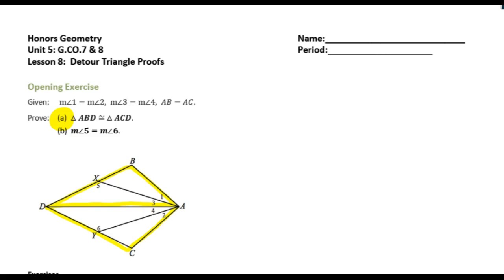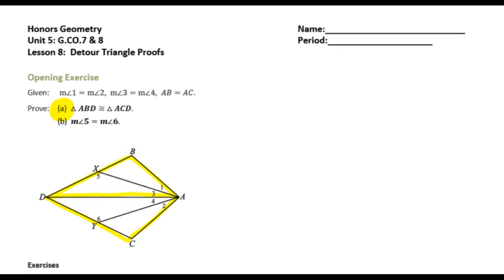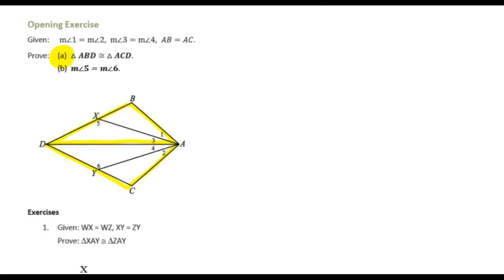So when I do that, do you see that I actually shared a side? Okay, so I've got a shared side there. Let's go in and mark up our given because that helps too.